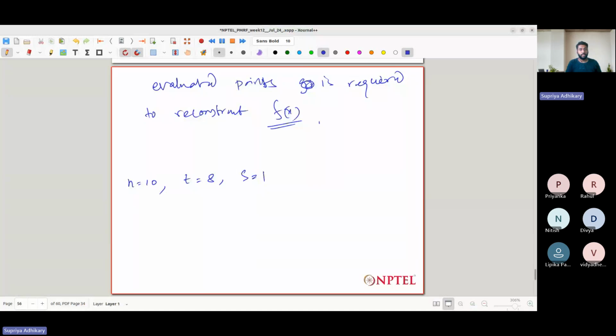That is, if the degree of the polynomial is 8, that means at least 9 parties have to share their values. So if at least 9 parties share their values, then the polynomial can be reconstructed.